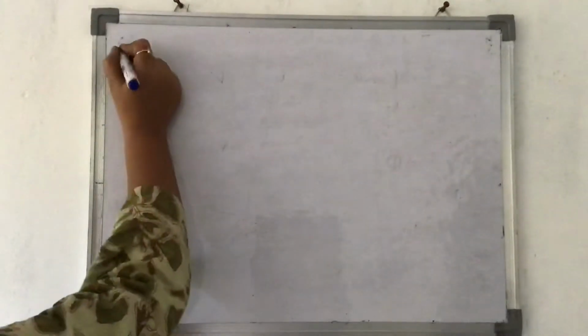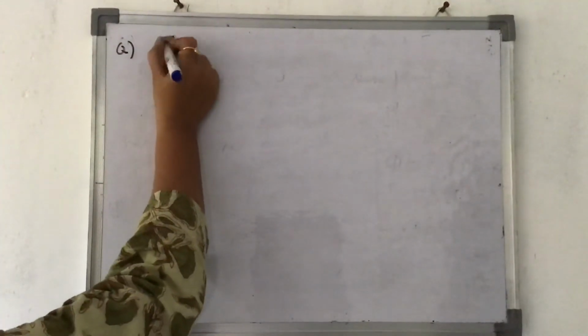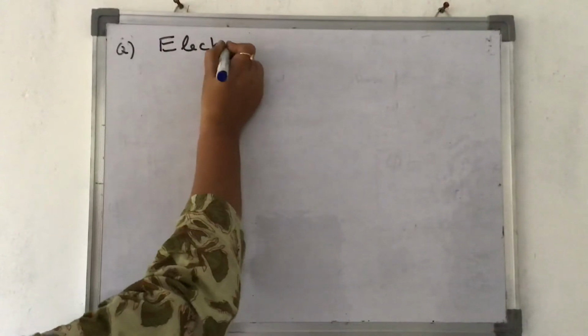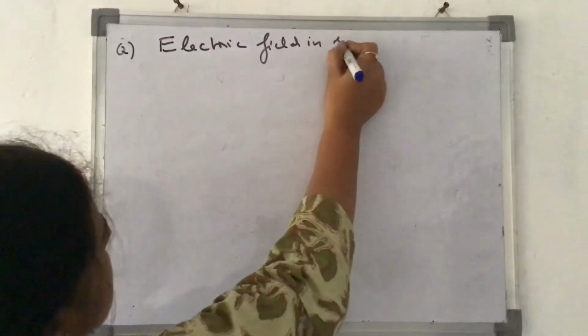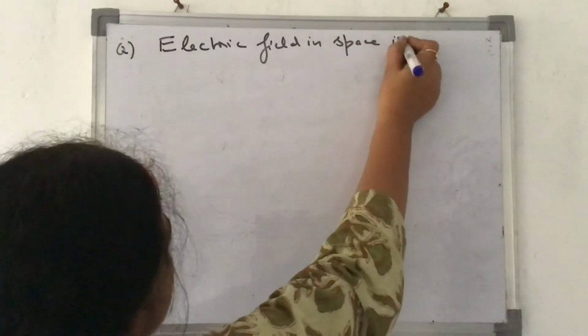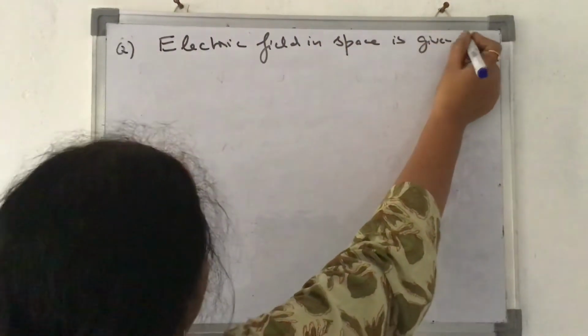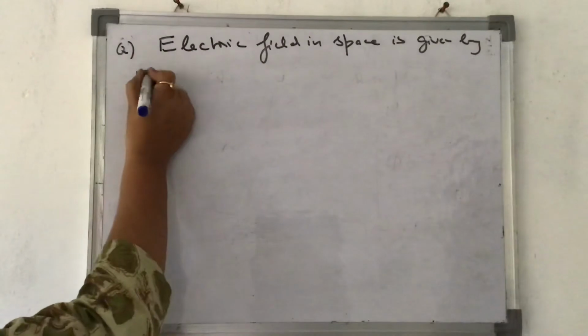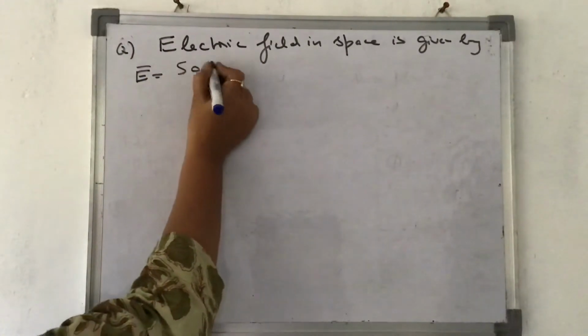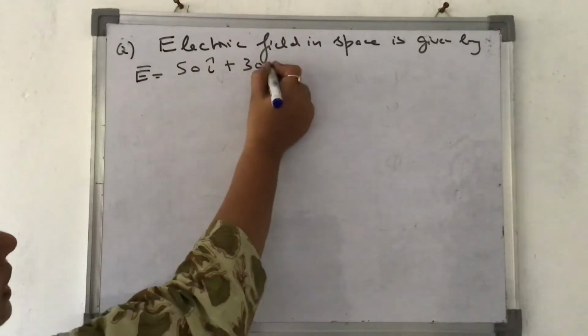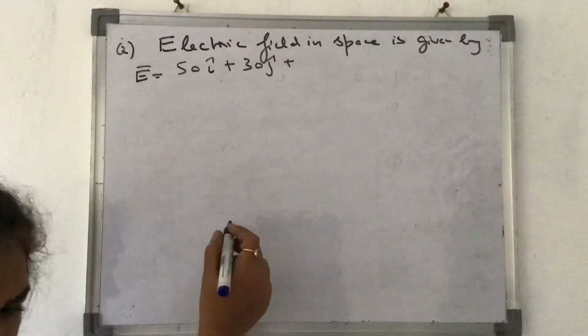The electric field in space is given by E equal to 50I plus 30J plus 80K.